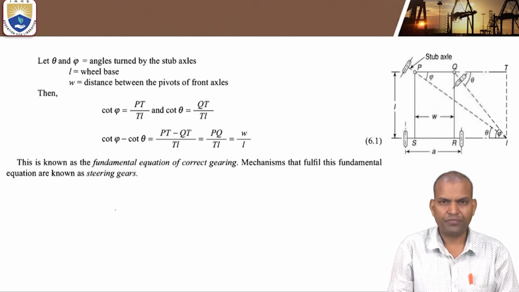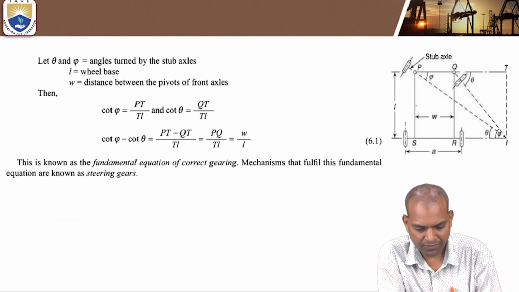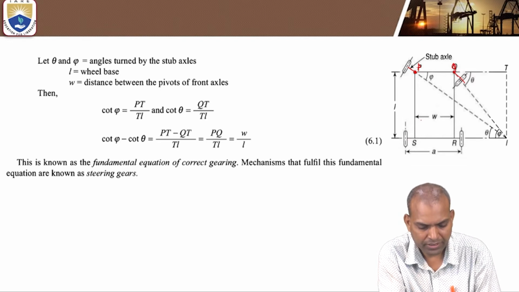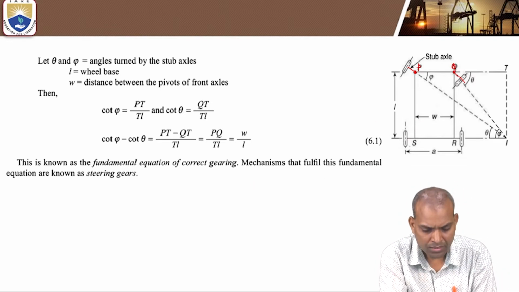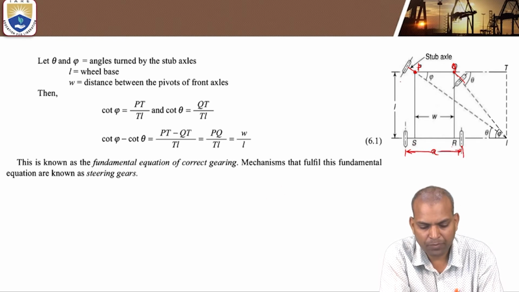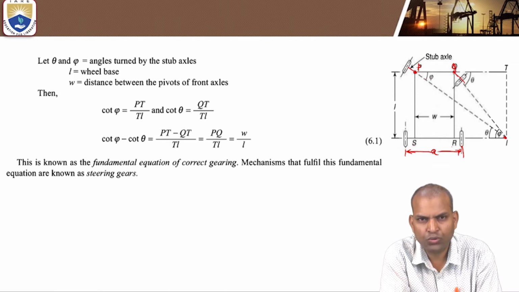Now, what is the condition for correct steering? Here in this figure, you can understand that PQRS is the chassis, having a stub axle at point P and it attaches at Q. The width of the track is W, and SR, the distance between the wheels, is L. Now here, the stub axle at P makes an angle phi with the I center, and Q makes an angle theta.